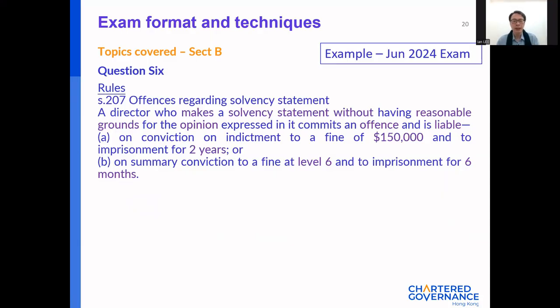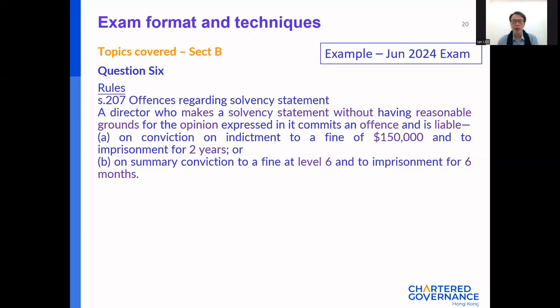But Section 207 is basically a deterrent effect. You want to make sure the directors are careful in making such a declaration, in issuing such a solvency statement. So a director who makes a solvency statement without having reasonable grounds for the opinion expressed in it commits an offense and is liable on conviction on indictment to a fine of up to 150,000 and imprisonment of up to 2 years.